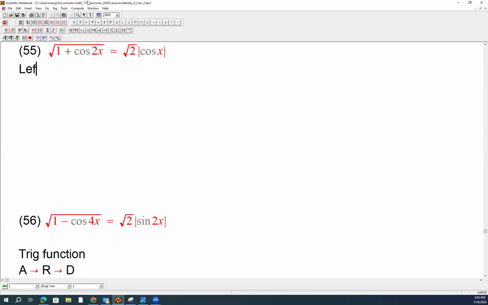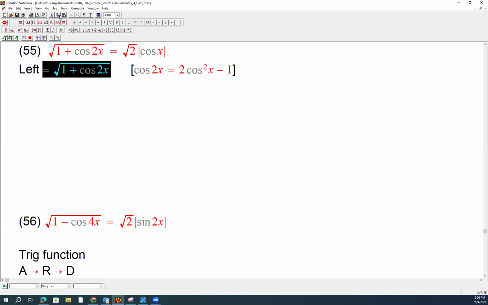Left-hand side, we got the root of that. Cosine 2x, right? So we have a double angle formula here. Cosine 2x is equal to 2 times cosine squared x minus 1.